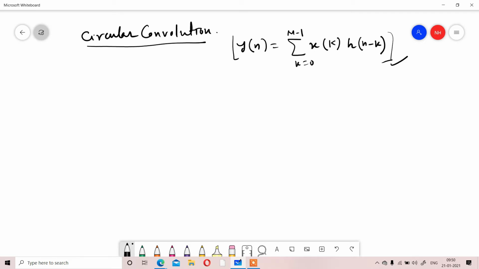So from here, if you want to represent the circular convolution as a 2D expression, the mathematical expression will be like that.